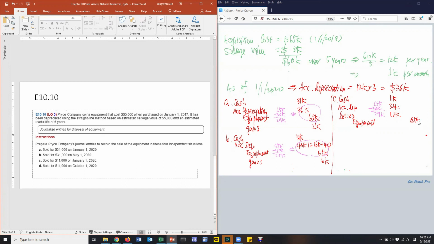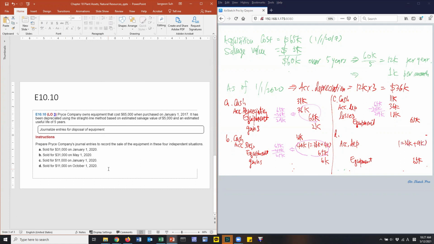Okay. D, the same. Accumulated depreciation and equipment, 65K. And now it is October 1st. So your accumulated depreciation must be the sum of 3 years, 36K, plus 9 months, 9K.